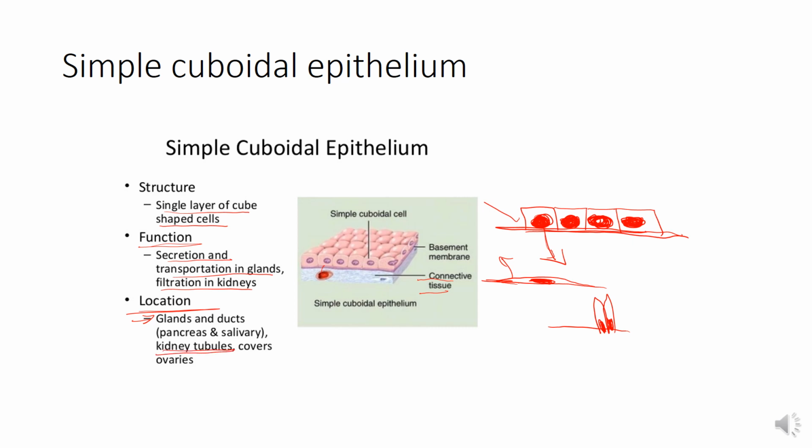Also, the covering of the ovaries consists of cuboidal epithelium. So these are the sites where cuboidal epithelium is present, and their main function is secretion and transportation in the gland ducts and glandular epithelium, and filtration in the kidneys. They are also present in the kidney tubules, that is, the proximal and distal convoluted tubules.